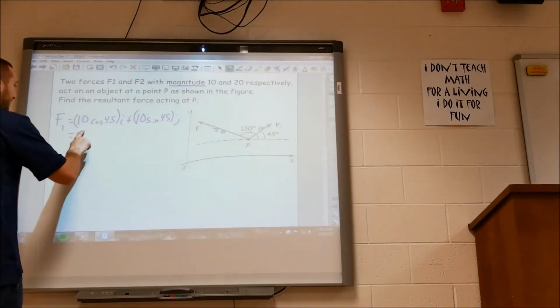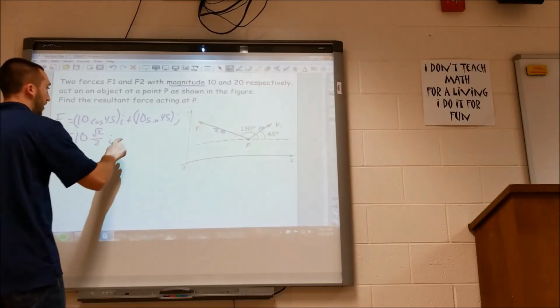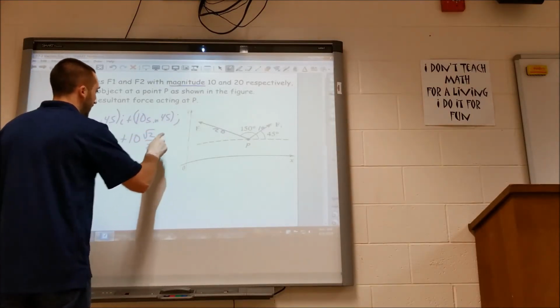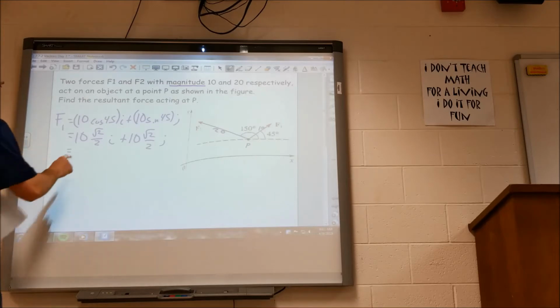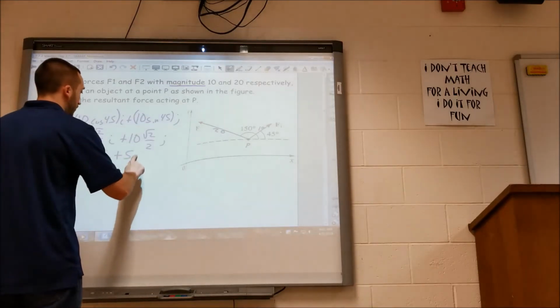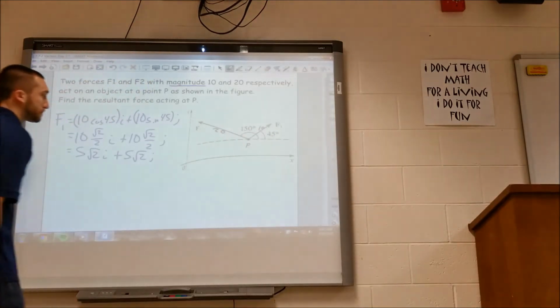So overall, 10 cosine 45 is radical 2 over 2. You still have to know it. That's our I. 10 sine 45 is still radical 2 over 2. That's our J. So our F1 is going to be 5 radical 2 I plus 5 radical 2 J. So that is this force here, this F1.